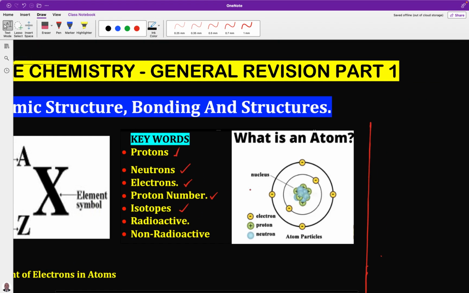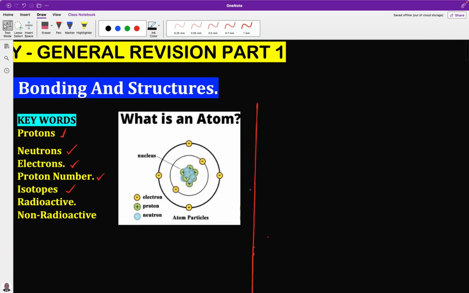An isotope should be something that has the same atoms.